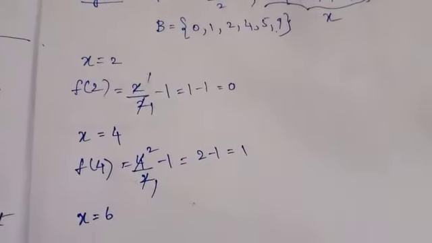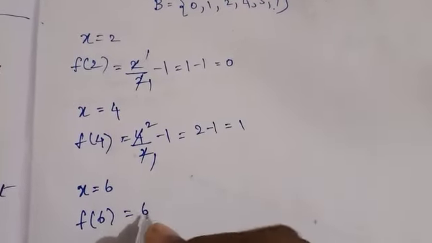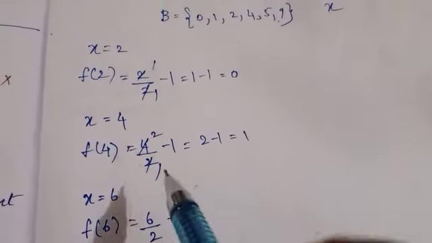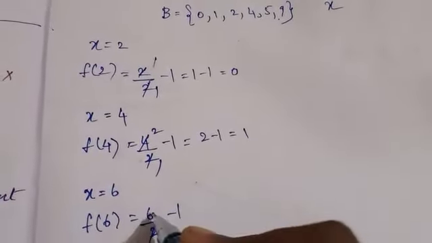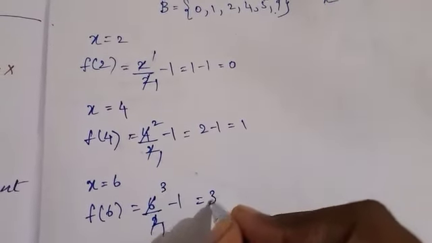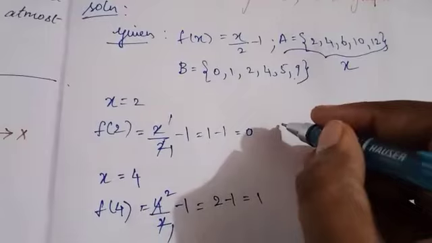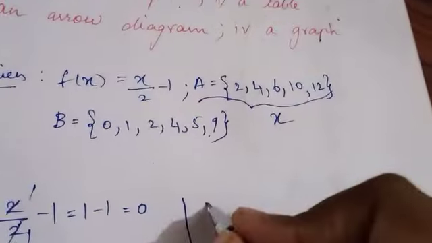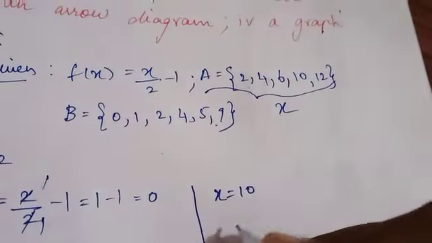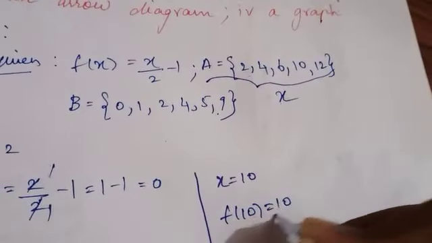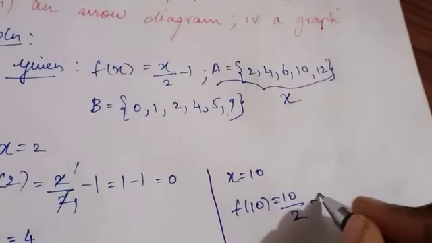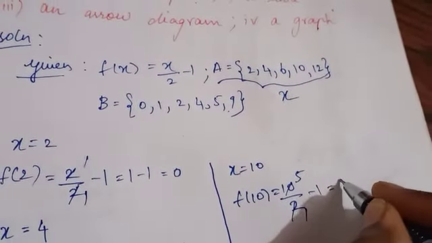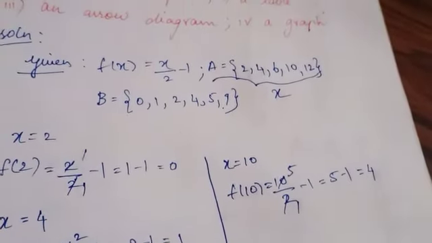So when x is equal to 6, f of 6 is equal to 6 by 2 minus 1. 2 threes are 6, 3 minus 1 is 2. Next, x is equal to 10. So f of 10: 10 by 2 minus 1. 2 fives are 10, 5 minus 1 is 4.